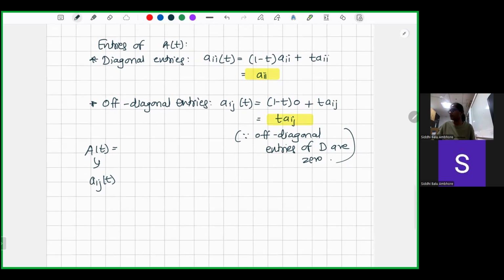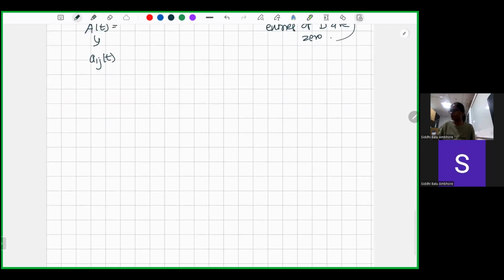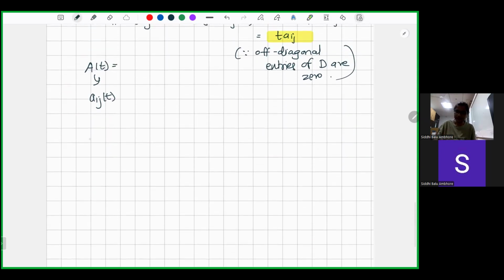So now we check that this matrix A_t for t in [0, 1] is also a strictly diagonally dominant matrix.